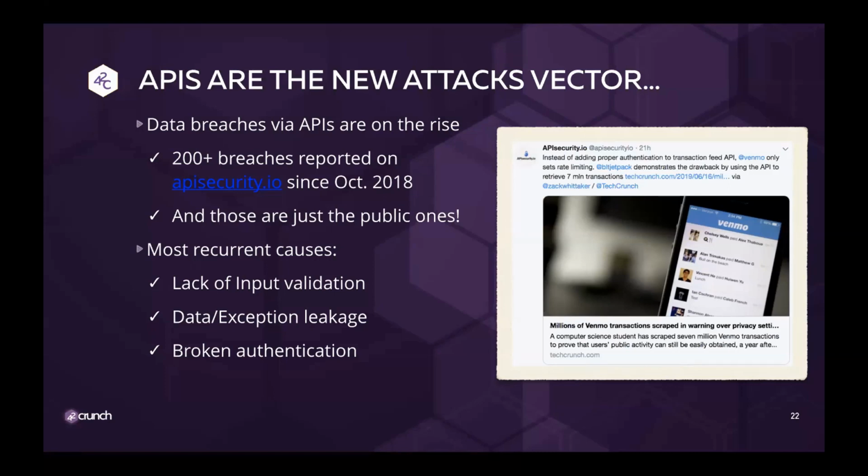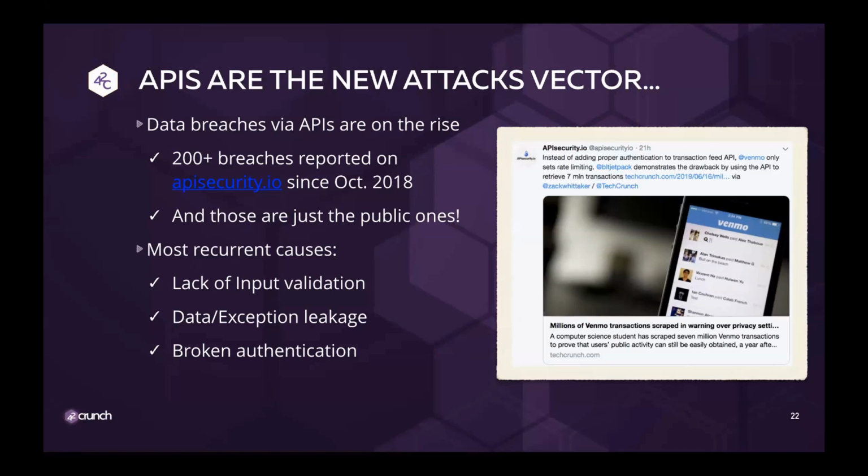The second one, and this is more typical of APIs, is data and exception leakage. So when we're directly interacting with an enterprise through their APIs, we're, in a sense, getting direct access to a lot of data and information. And if we can trick the API into giving us information that it is not supposed to give us, then that's an easy way of obtaining and gathering information.